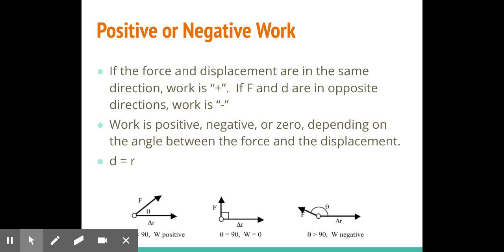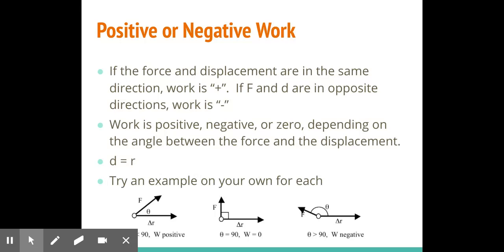Think of it this way: because you're working with angles, we're working with triangles, even circles. So if all three of these examples are on a circle, displacement is going to be equal to your radius, more or less.